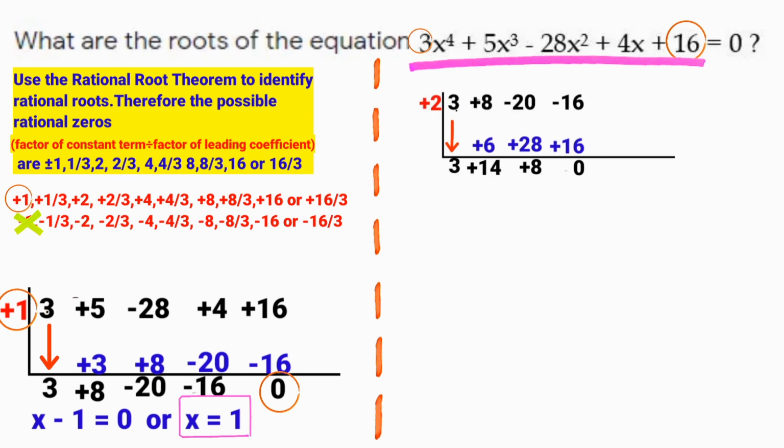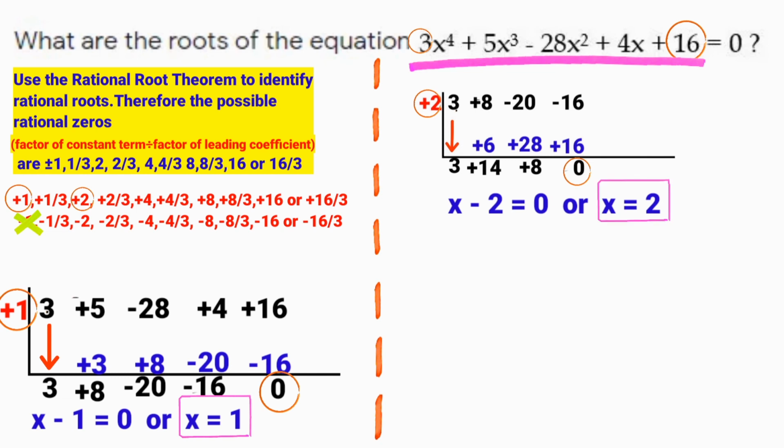Using positive 2 as our divisor, we will get the remainder 0, which means positive 2 is a root of the equation. This can be written as x minus 2 is equal to 0 or x is equal to 2. The second root of the equation is 2.